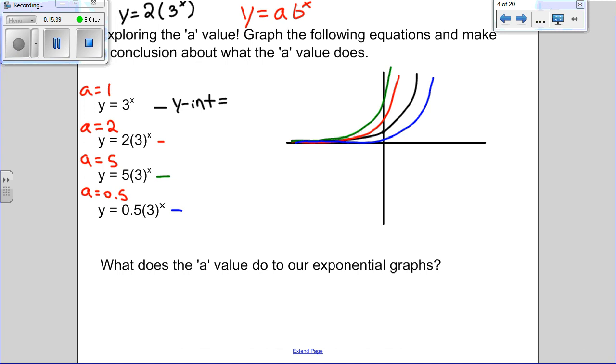In the second graph, if you were to calculate your y-intercept, it's at 2. On the third graph, it's at 5. And on your last one, it's at 0.5.